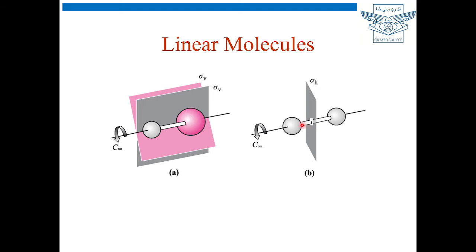That I have explained. A vertical plane is the one which contains the principal axis, and the horizontal plane is the plane which is perpendicular to the principal axis. So here this is the principal axis, this is a vertical plane, because all the planes are containing the principal axis, and the horizontal plane is the one which is perpendicular to the principal axis.